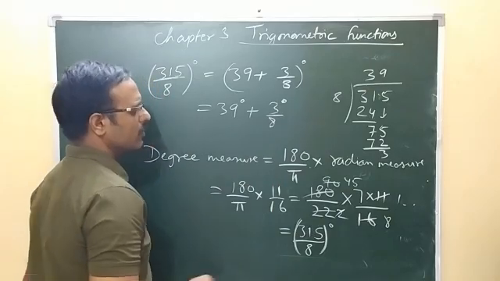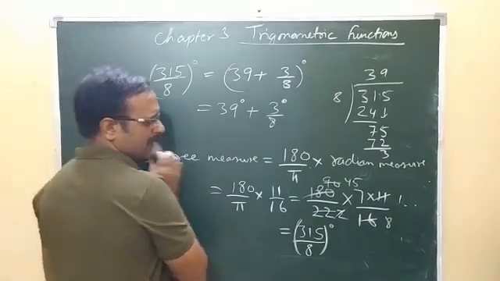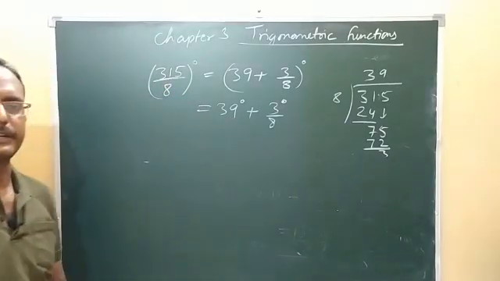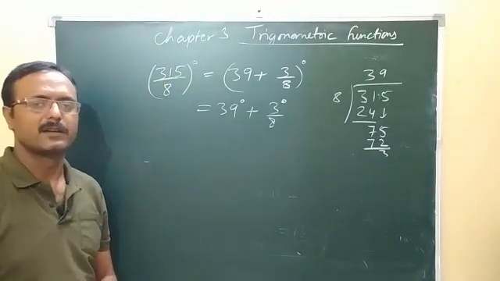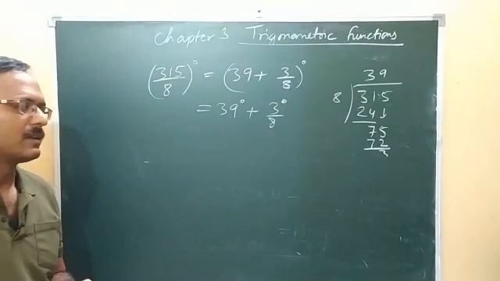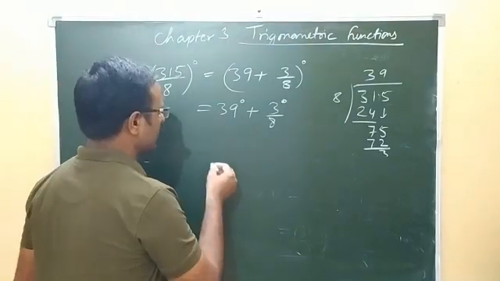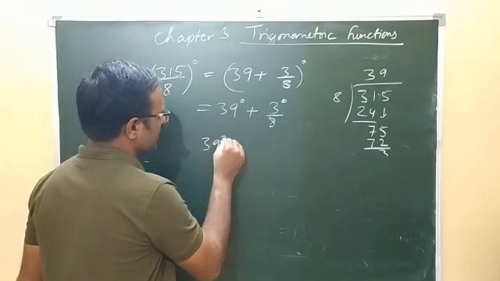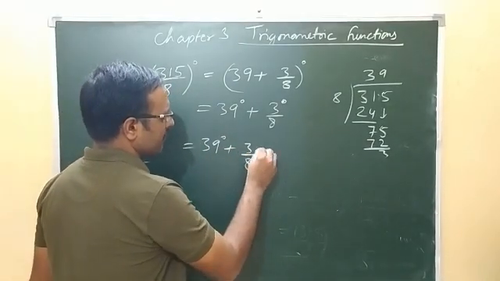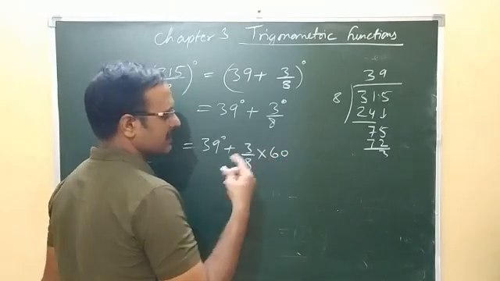Okay, so see here, we have got this as a complete integer, but this is again a fraction, so you are required to convert this into minutes. So the fraction part is converted into minutes. How will we convert into minutes? 3 upon 8 into 60 minutes.